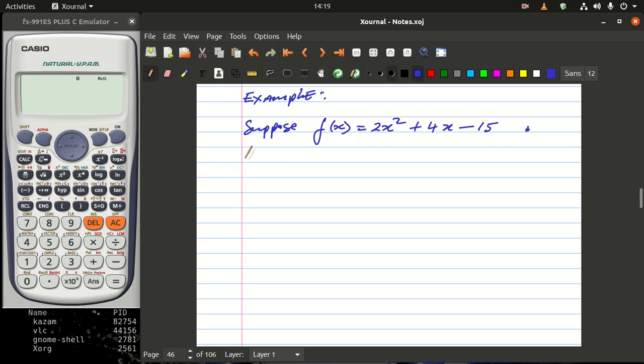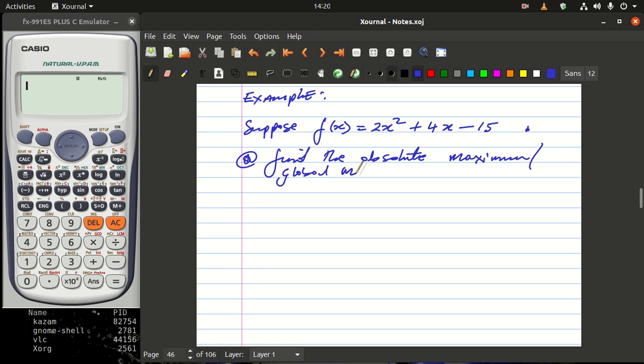And then the question is saying here, I'm going to place an A here. Find the absolute maximum, or someone might say find the global maximum of f on the interval minus 5 and 5.